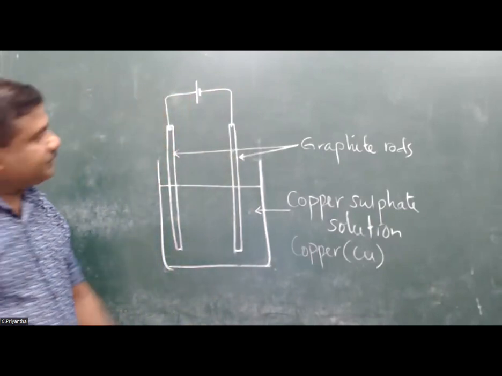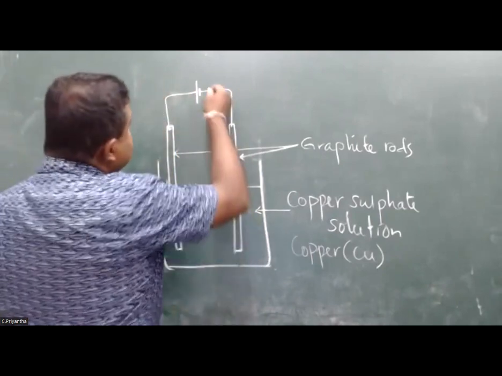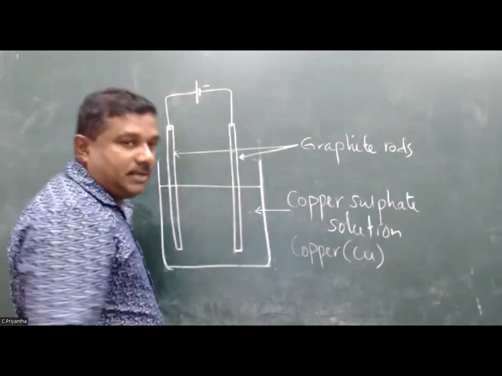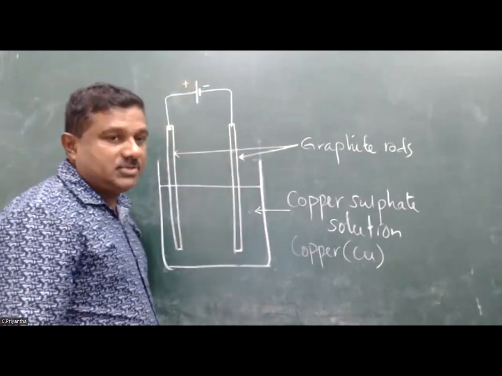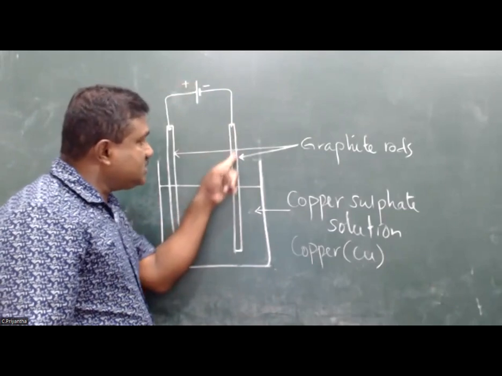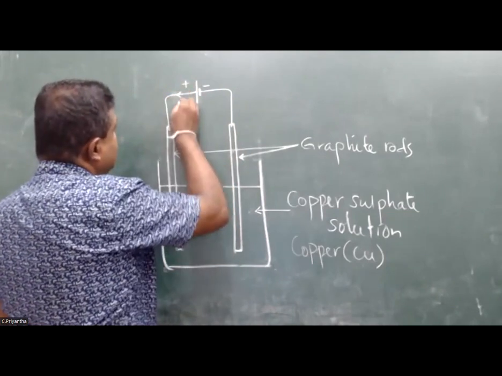Here, one dry cell or two dry cells. This is the negative terminal of the dry cell. Here, the positive terminal of the dry cell. Here it passes electricity.